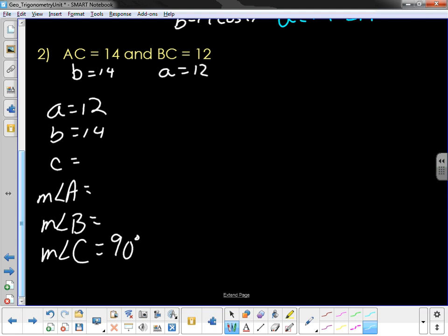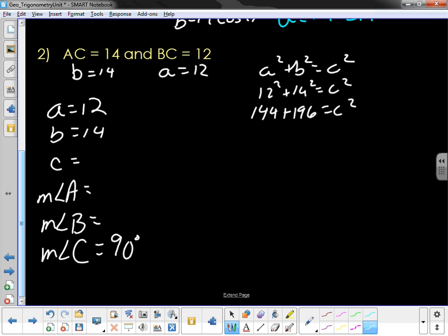So the first thing I can do is figure out side C because I have 2 sides. And a squared plus b squared would have to equal c squared. So 12 squared plus 14 squared would equal c squared. So 144 plus 196 would give me c squared. So 340 equals c squared. So c is the square root of 340. Exactly.